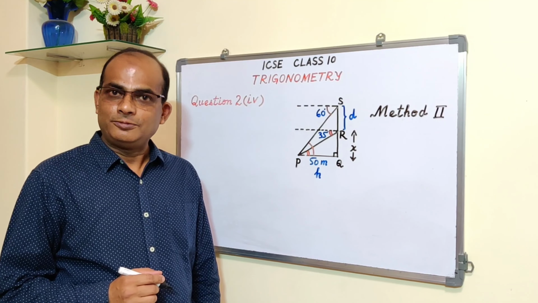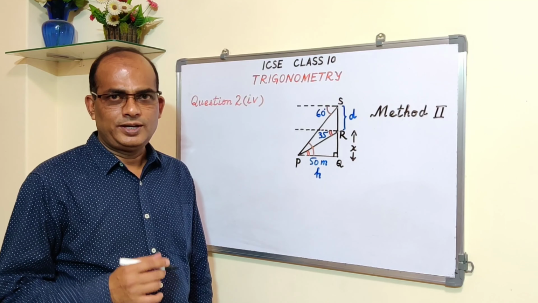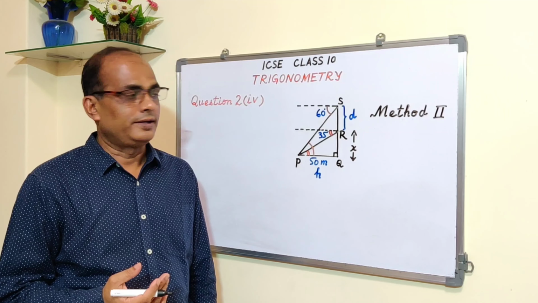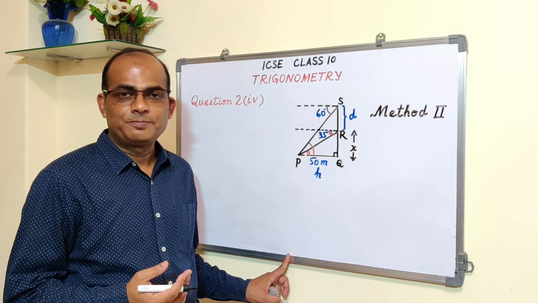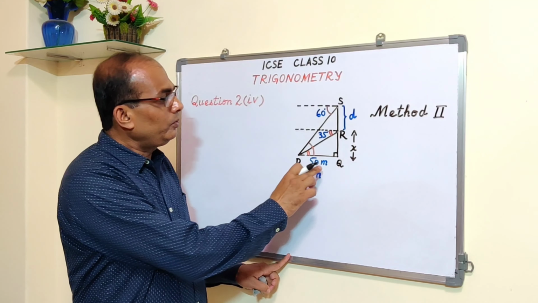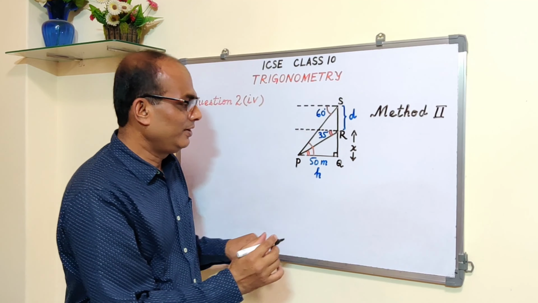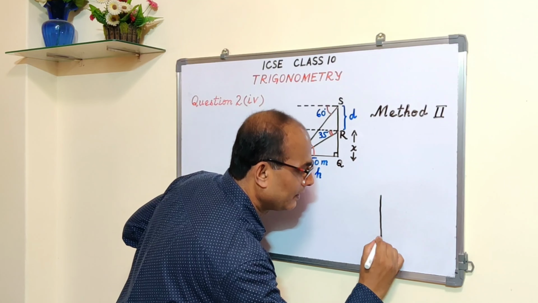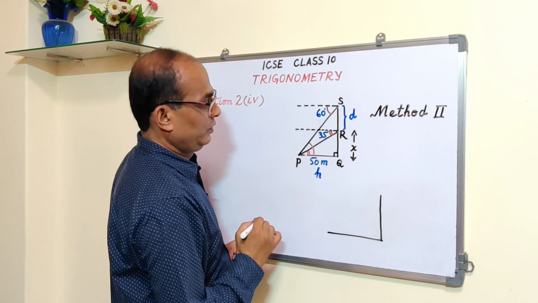Now, let me tell you method 2, or you can say a different approach. In method 2, this may be a little shorter, we are going to use a formula I explained to you. See, if you rotate this figure through 90 degree, then you will get this type of figure.